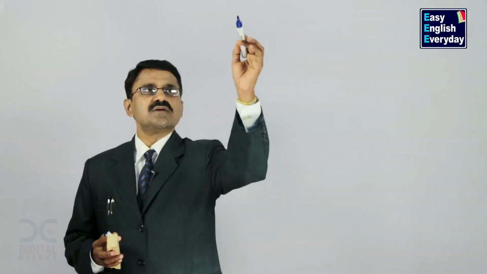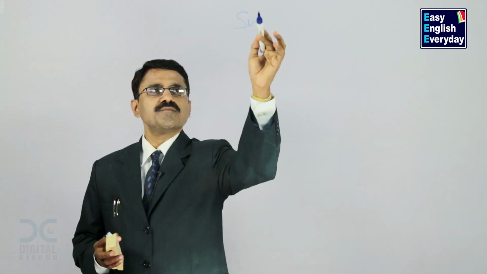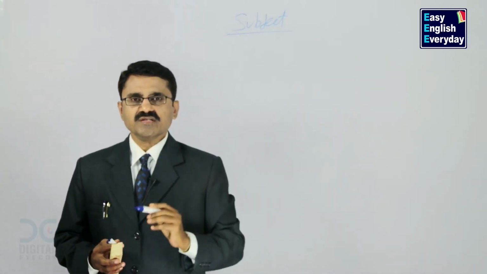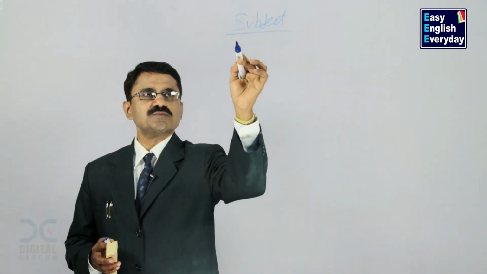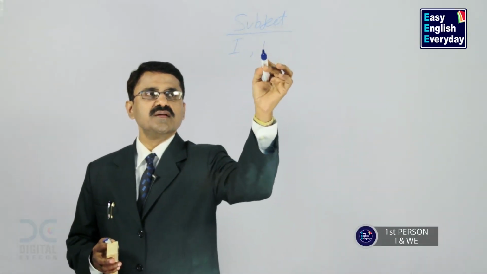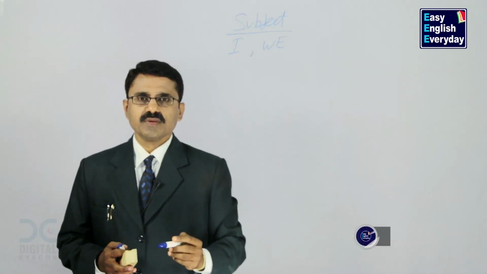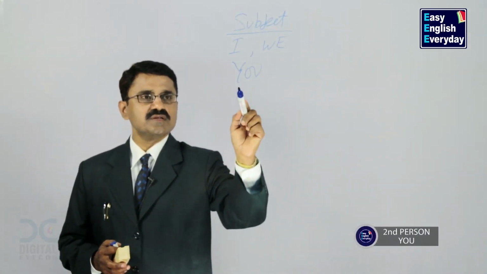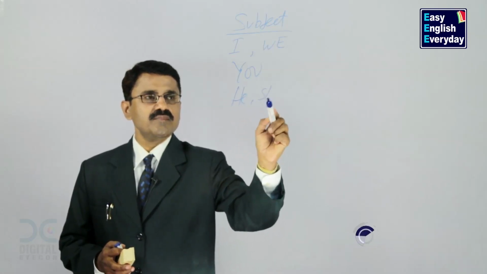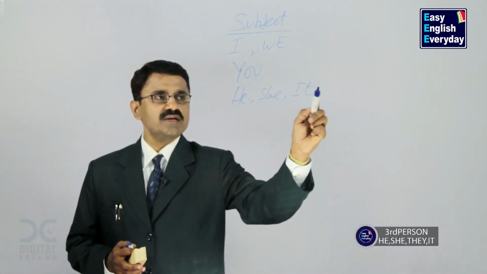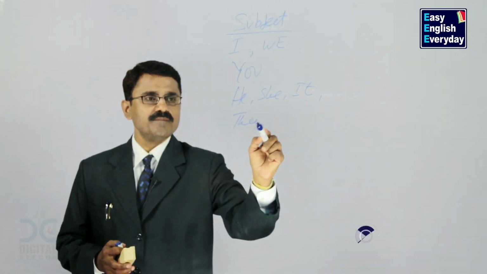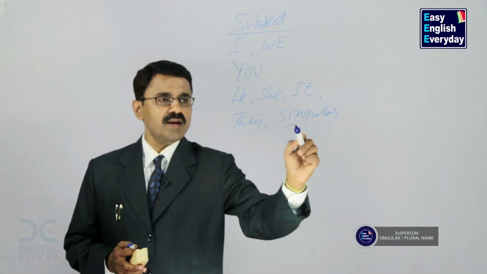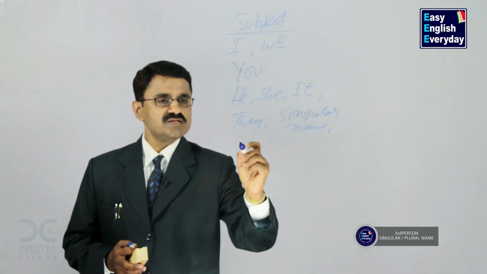Let us talk about subject. There are 3 types of subjects: first person, I and we; second person, you; third person, he, she, it, they, singular name and plural name.